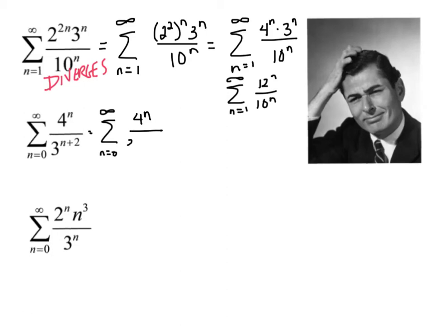I'm going to have 3 squared multiplied by 3 to the n, which is the same as 1/9 multiplied by 4/3 to the n. So again, what's inside here is bigger than 1, so this diverges.